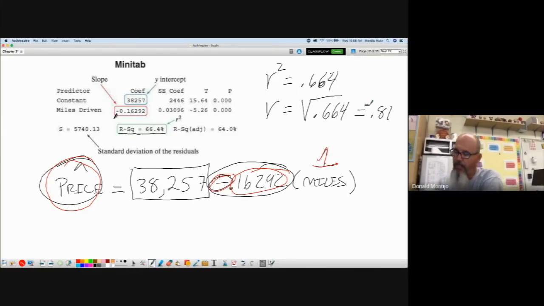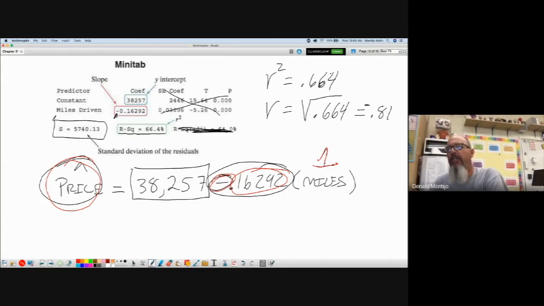And the last important piece of information that we're going to get out of one of these printouts is this S value here. Remember, S is the standard deviation of the residuals. So in context of this problem, what does that mean?